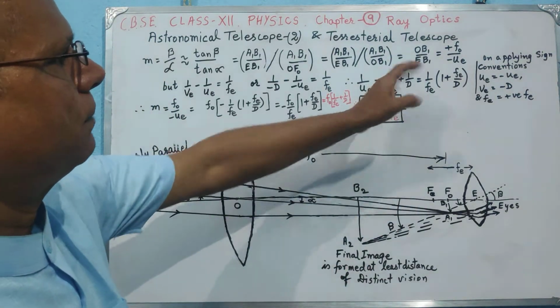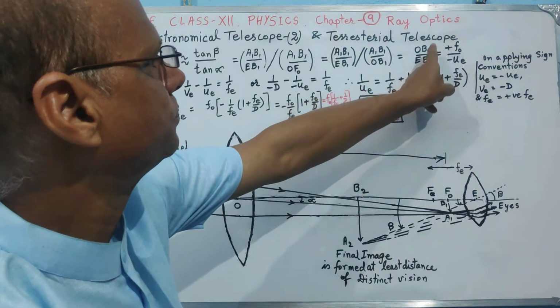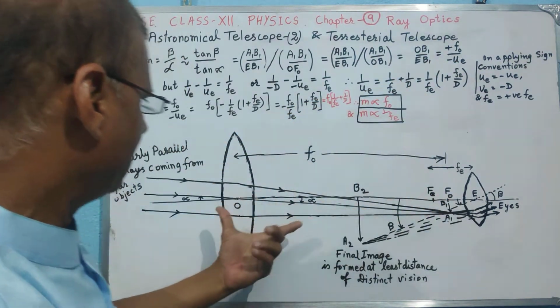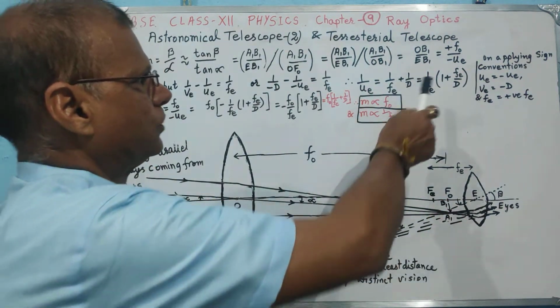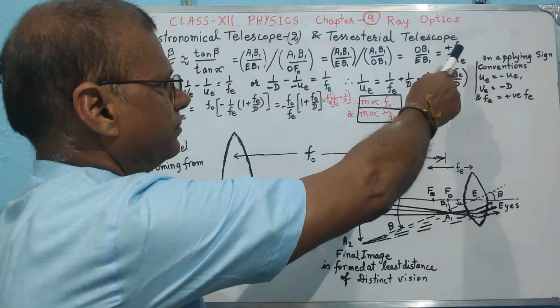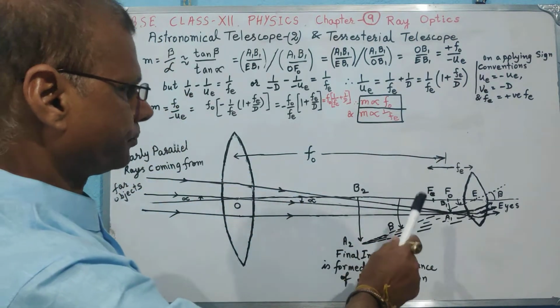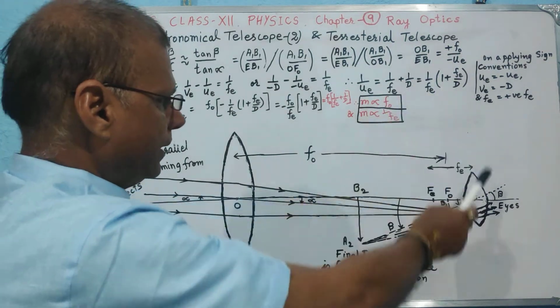On applying the sign convention, OB1 is nothing but the focal length of the objective, so we have FO with a positive sign. Another is EB1.